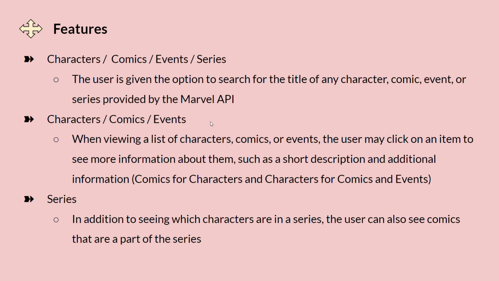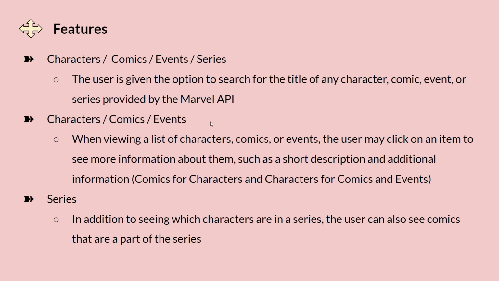Here are some features that the web page provides. For characters, comics, events, and series, the user is given the option to search for the title, and this is all provided by the Marvel API and through their search function. For characters, comics, and events, when you're viewing a list of characters, comics, or events, the user can click on any item to see more information about them, such as a short description and additional information.